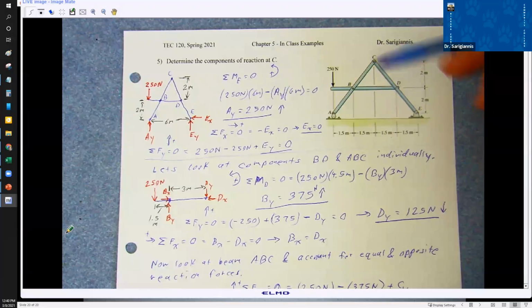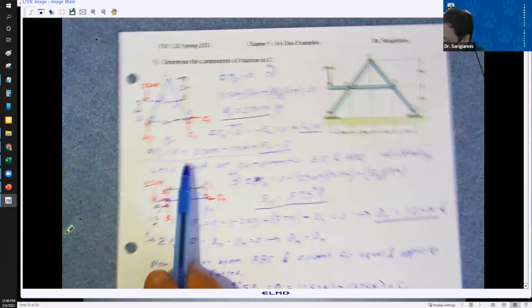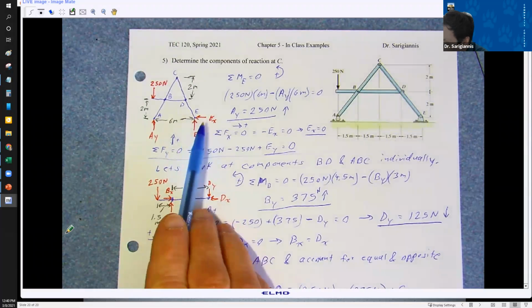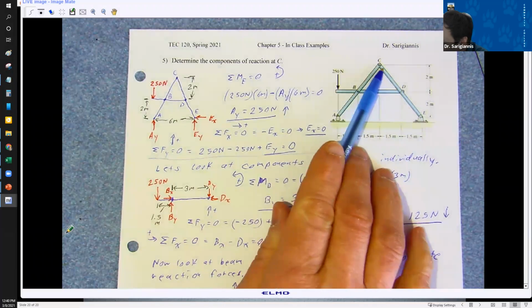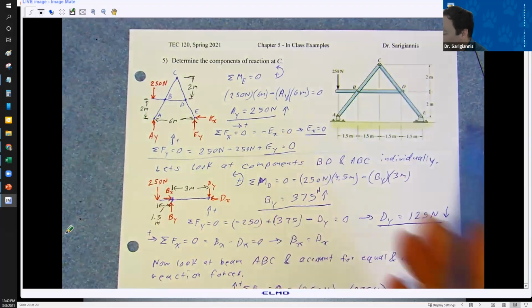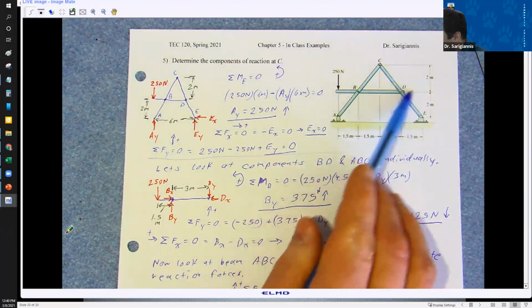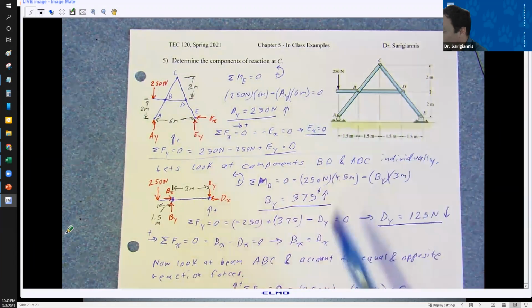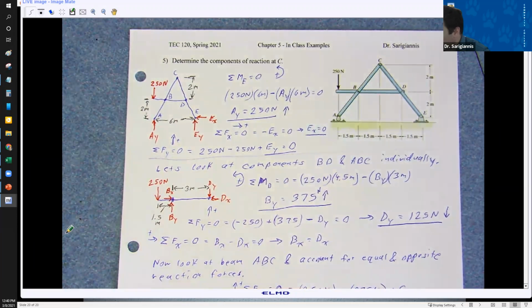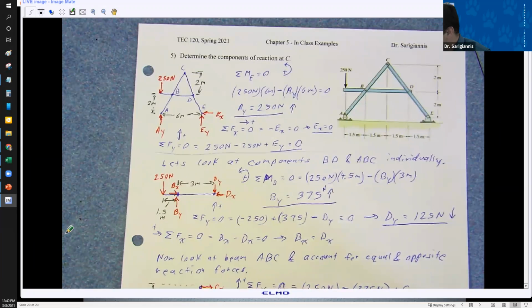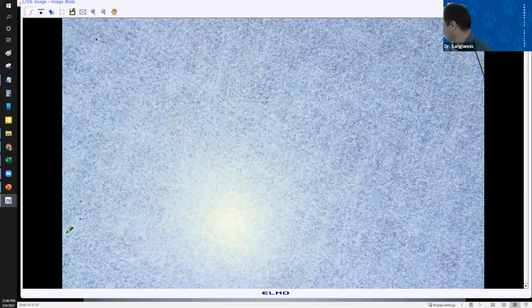If you just took CDE, you would say, well, I've got 0 and 0, and then I've got 2 unknowns and 2 unknowns. So then you're like, okay, I need to find these from this. So it's possible you're going to choose the wrong free body diagram to work on initially, but keep at it and you'll find it.